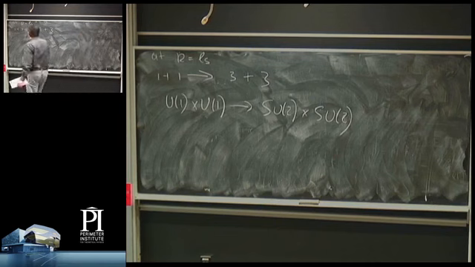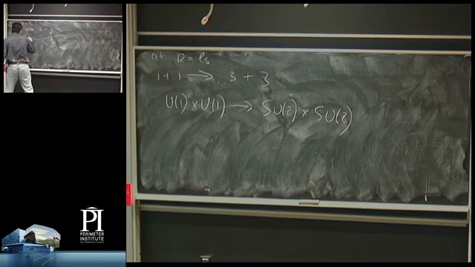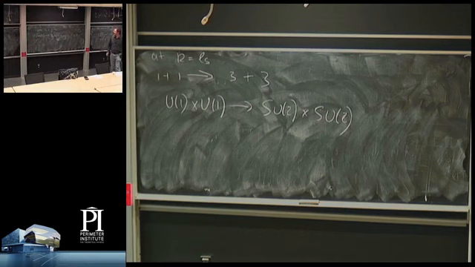You will end up having an enhancement of the gauge symmetry: the gauge symmetry from U1 cross U1 will get enhanced into SU2 cross SU2. So you get a non-abelian gauge theory at a special compactification radius in string theory.